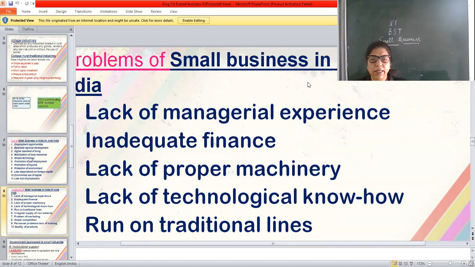So generally, they are unable to appoint highly qualified workers and highly qualified professionals. That's the problem they are facing for this. So lack of managerial experience, or lack of managerial skills, you can also use.